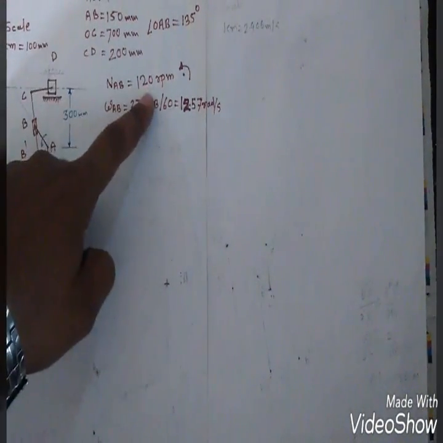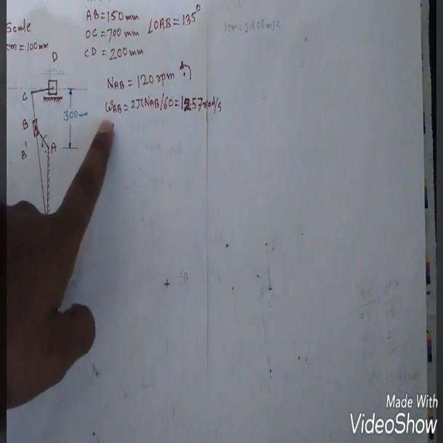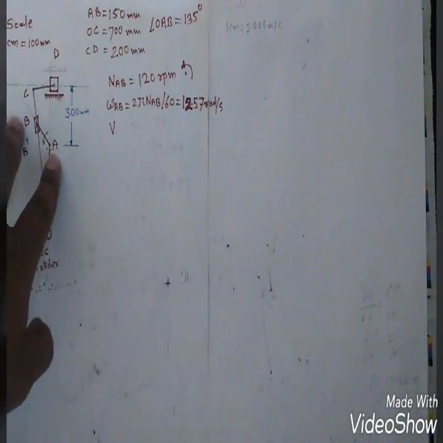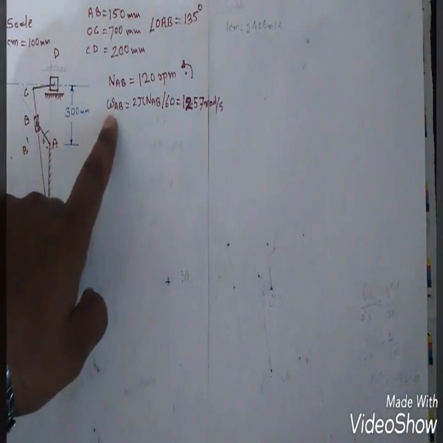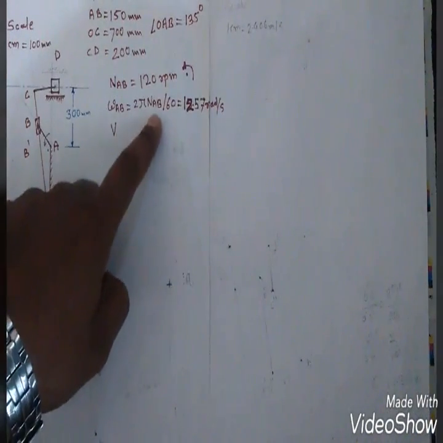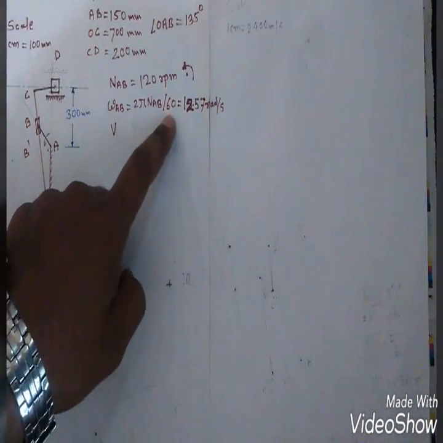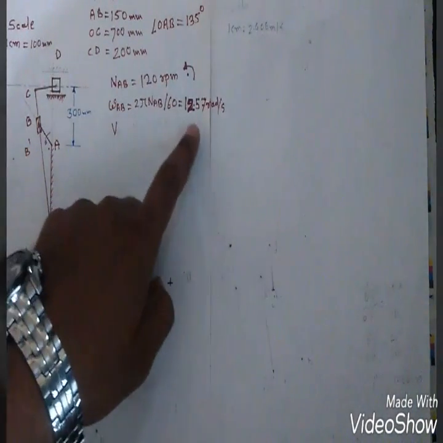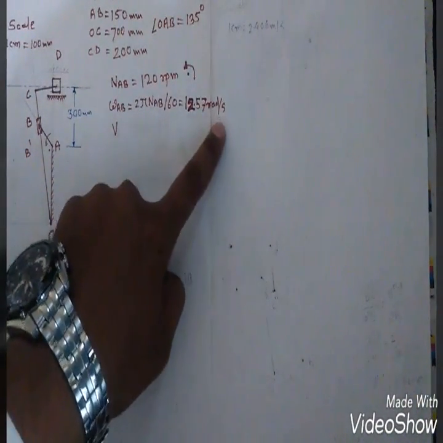It is 120 RPM. Therefore, we can calculate omega AB for link AB. We know the formula omega AB equal to 2 pi n AB divided by 60. If you put n AB equal to 120, you will get 12.57 radian per second.